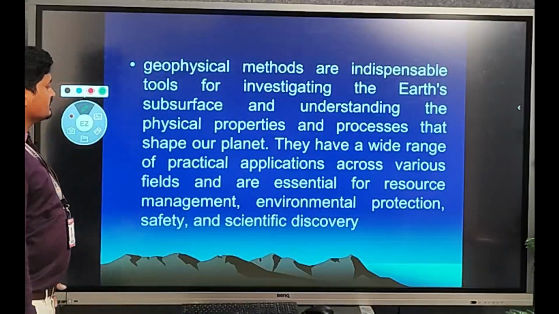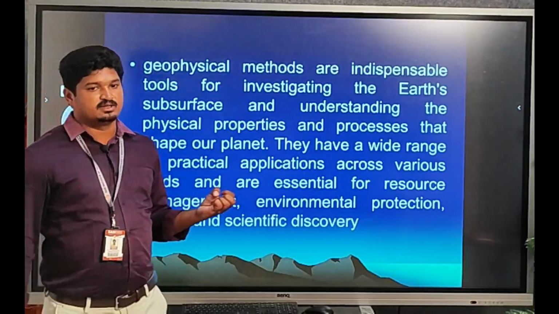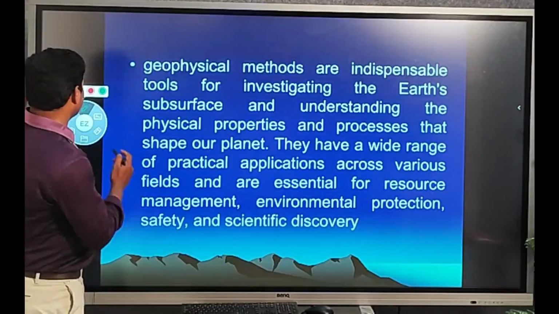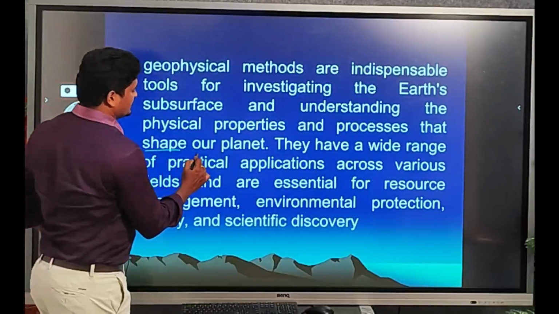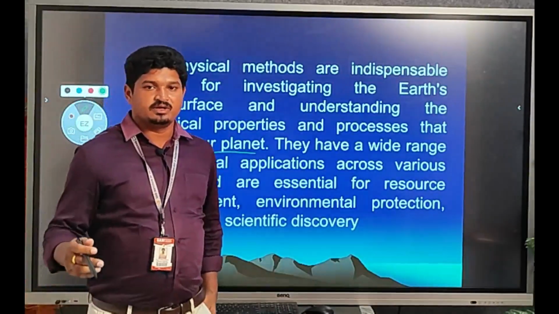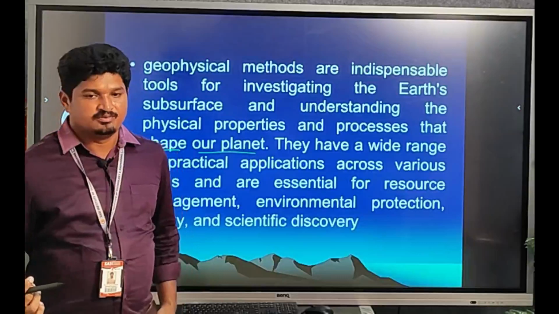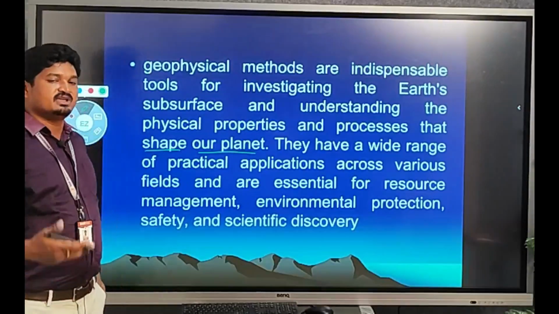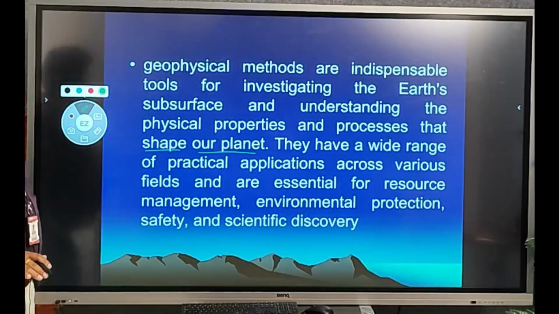It tells us what exactly is in the earth subsurface, which we call the shape of our planet. Nowadays we are also using alternative ways of sourcing, but the earth has different types of resources in the subsurface, so we are able to find them through that subsurface knowledge.